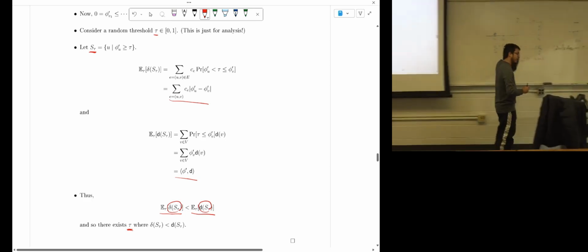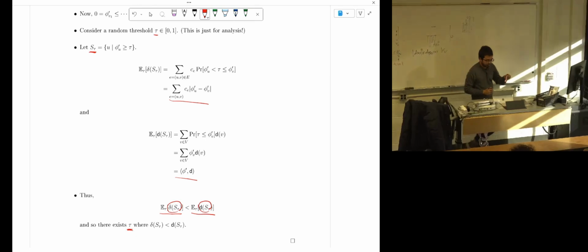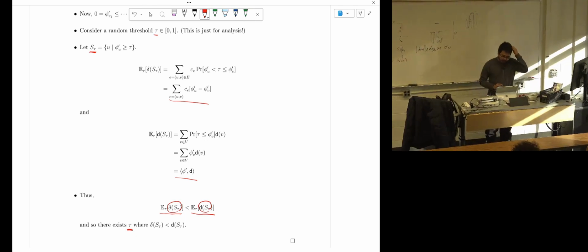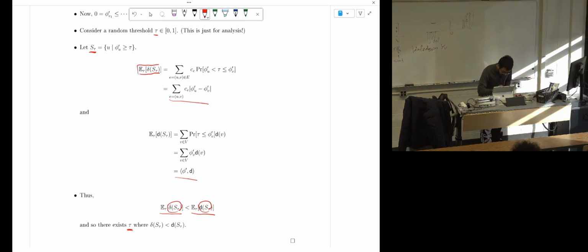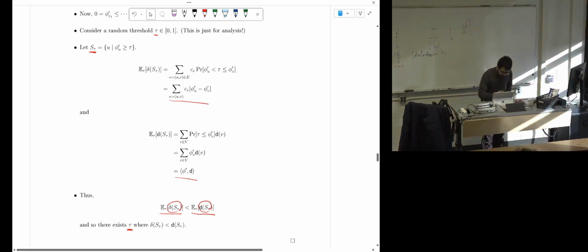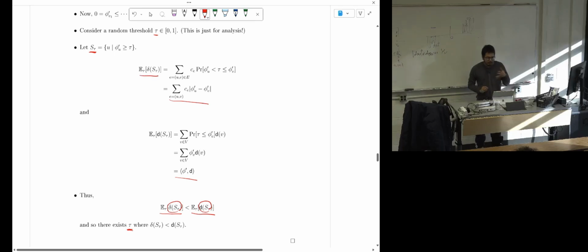Okay, let's prove it. What we're going to do here is understand the expected cut size.